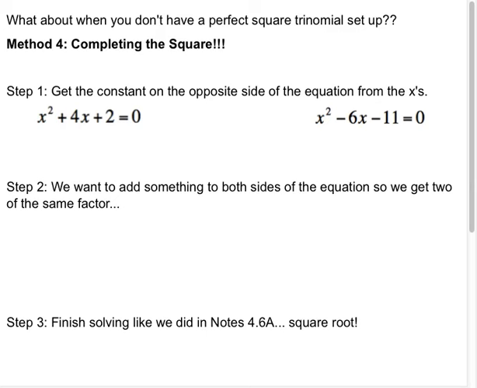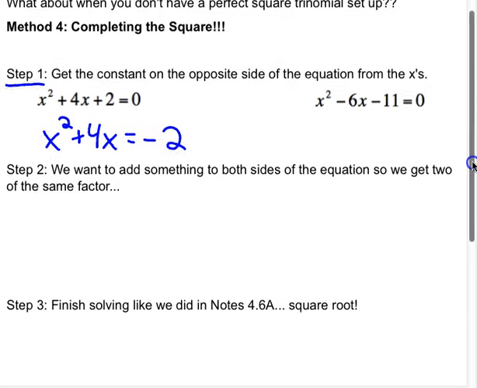So first step when we're doing this, step number one, is I'm going to get the constant on the other side, okay? So for this one, I'm going to move that constant over right away, okay?